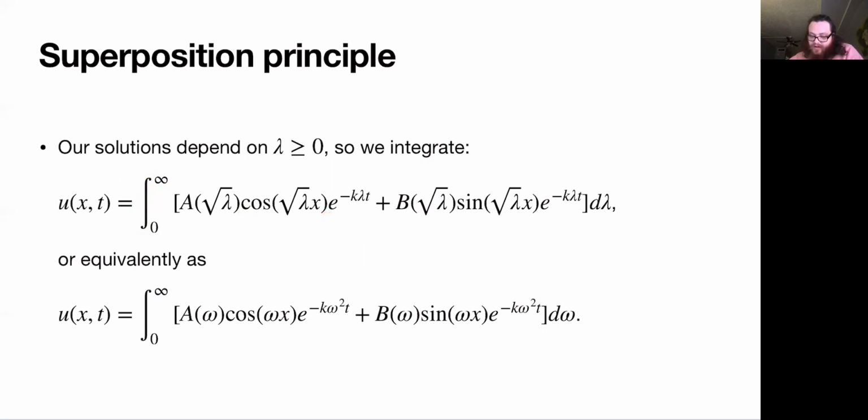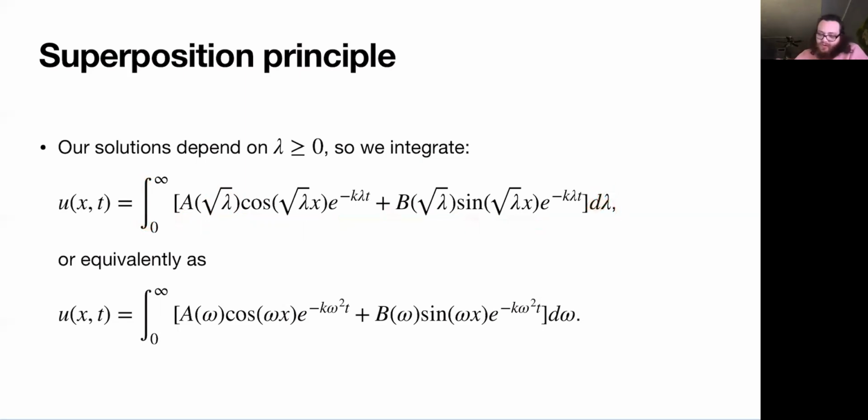But corresponding to our cosine term, we have some coefficient depending on our eigenvalue. Likewise, we have our sine terms that we got from our separated solution times some coefficient depending on our eigenvalue. And here we're just integrating over all possible eigenvalues.